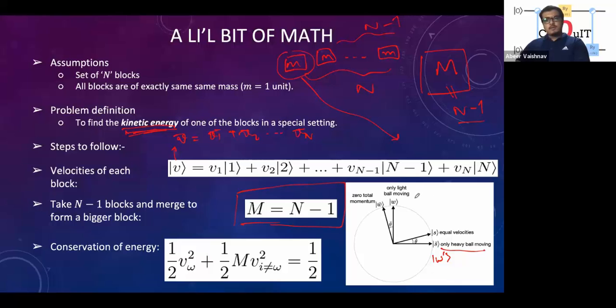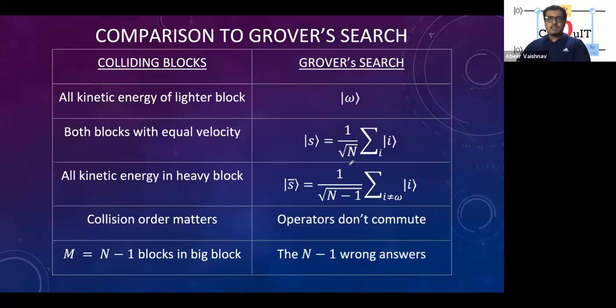Once we make this system, you can see some similarities. The kinetic energy of the lighter block is analogous to the omega state in Grover's search, which is the marked state that we want to find.